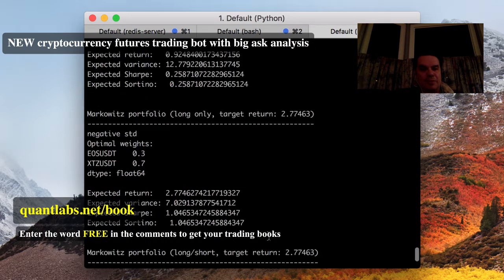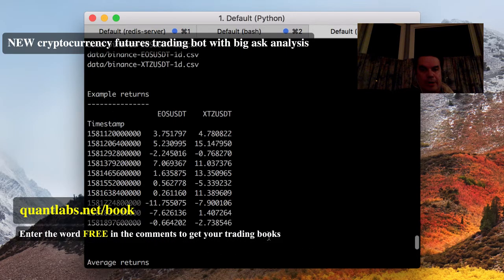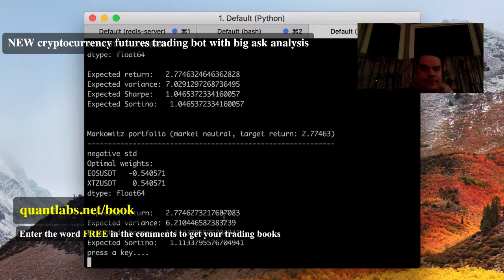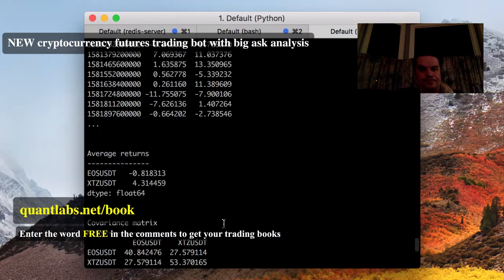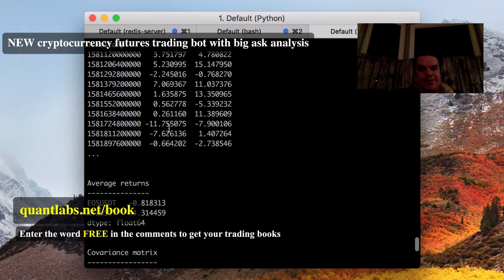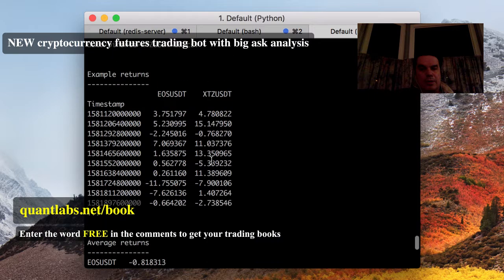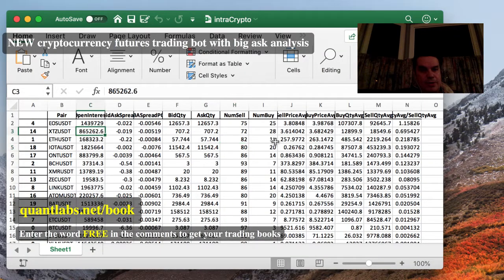So if I look at the performance of IOTA on an hourly basis, I guess it's the next one. You could see here that IOTA or XTC, this one, it's not as bad.